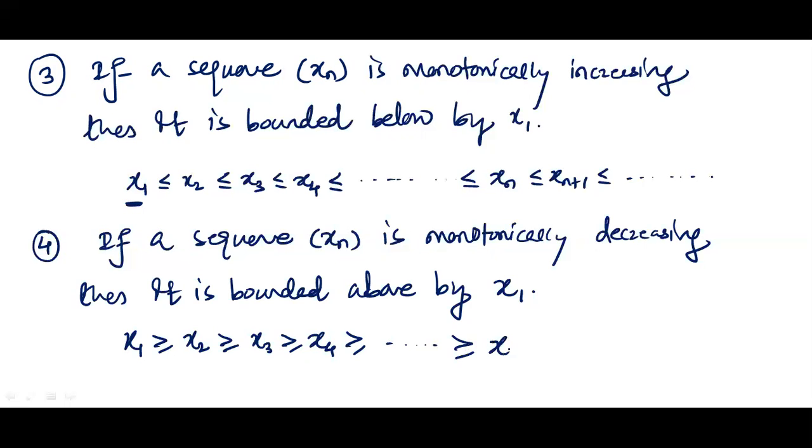In general, xn is greater equal xn plus 1, and so on. Means you can note that the first term of the sequence is greater equal all terms of the sequence. Therefore, the terms of the sequence are bounded above by its first term, that is x1.